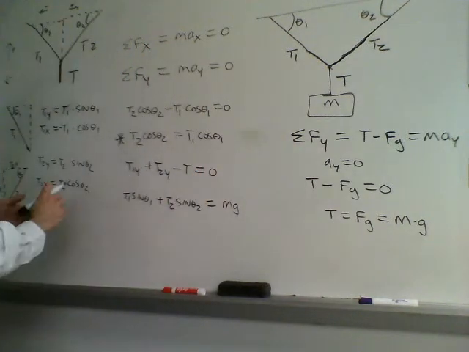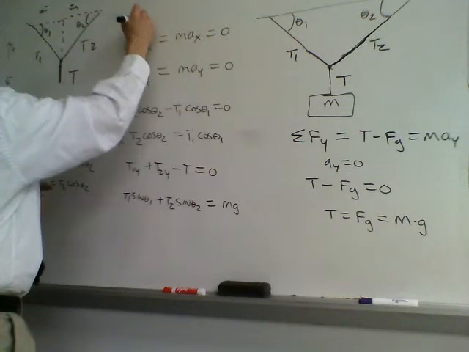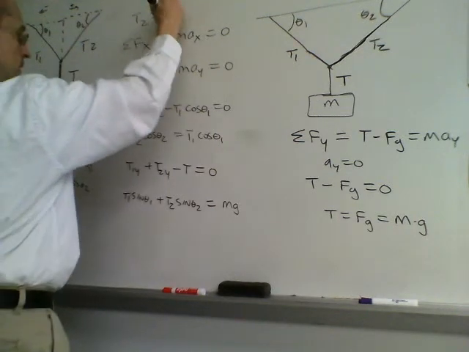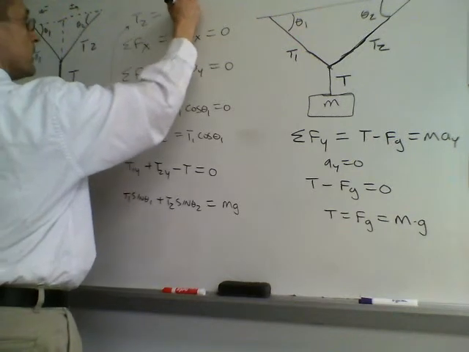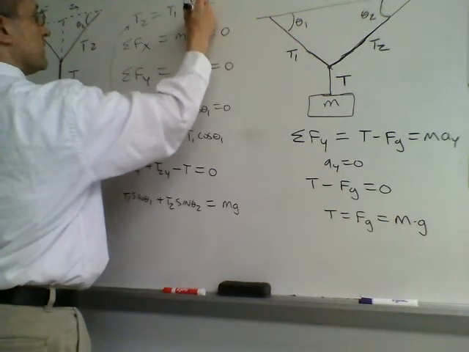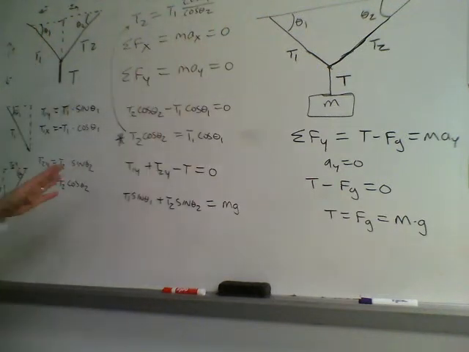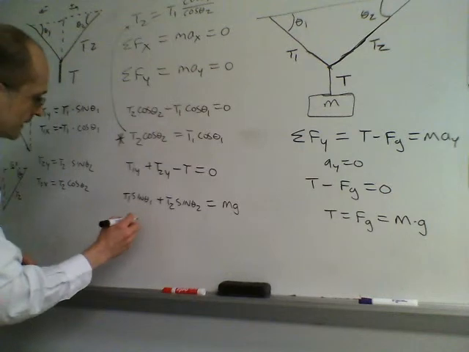Let's make a little bit more space for that. We'll just temporarily store it up here. So T2 from here is going to be T1 cosine theta 1 over cosine theta 2. And I know this is a little sticky on the math, but it'll work out.